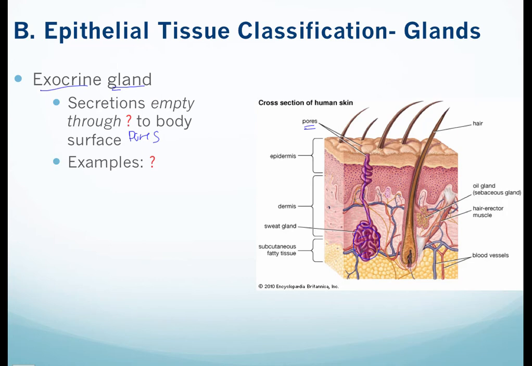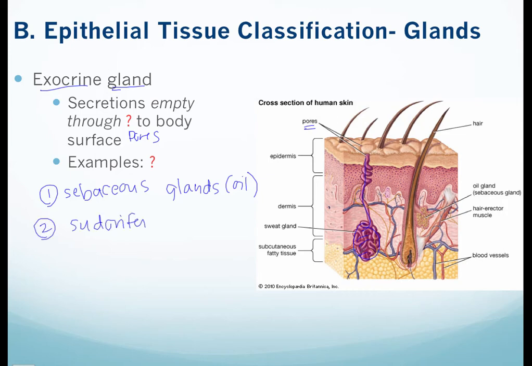So we have two examples, and we're going to learn about these later. We have sebaceous glands, which are our oil glands, and we have sudoriferous glands, which are our sweat glands. Okay, so those are two that we have within our body.